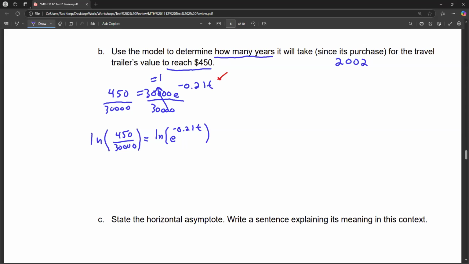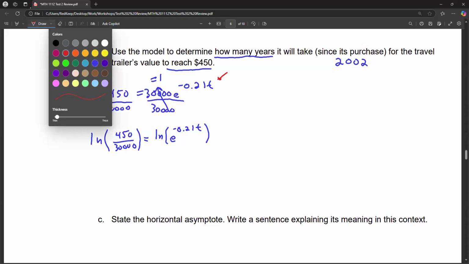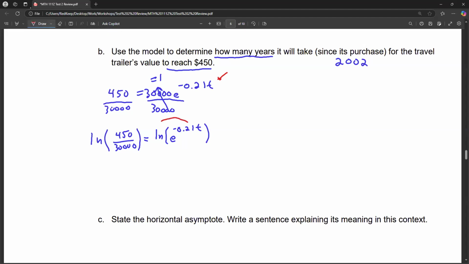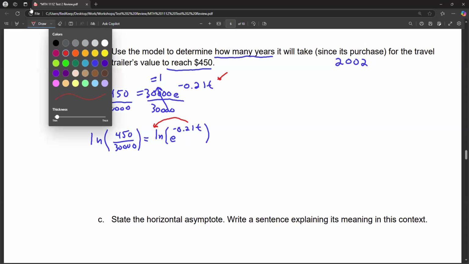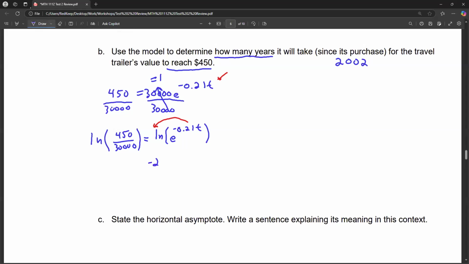One of the coolest properties of logarithms is that we can gain access to the exponent and it brings it down as a coefficient. So let's bring that exponent down and it'll live as the coefficient.